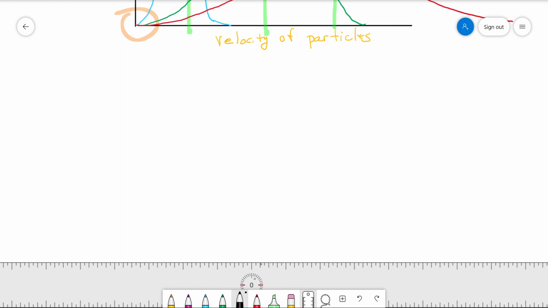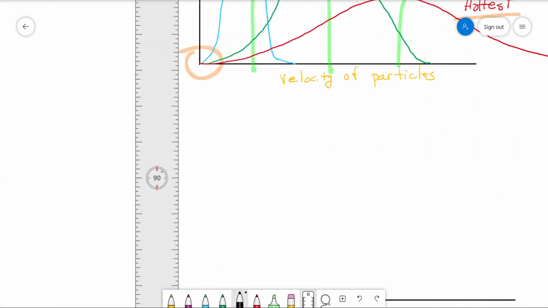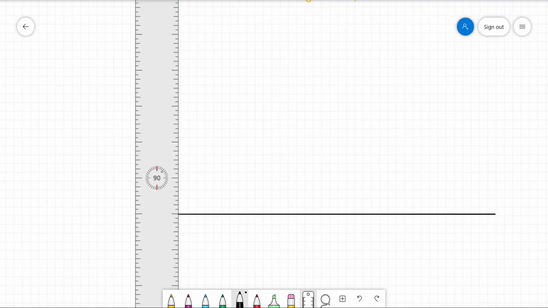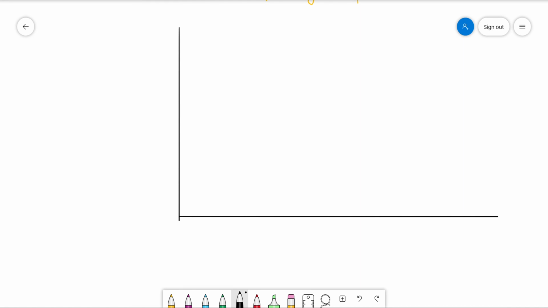Okay, it's a very similar looking graph, but this time we're going to plot different gases. The same thing, number of particles. And this will be the velocity of the particles.